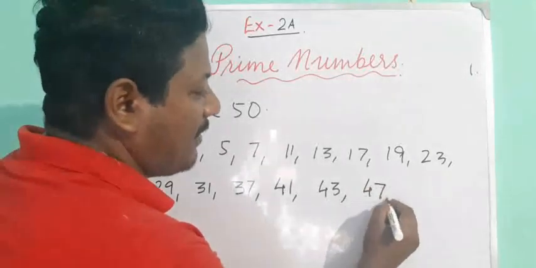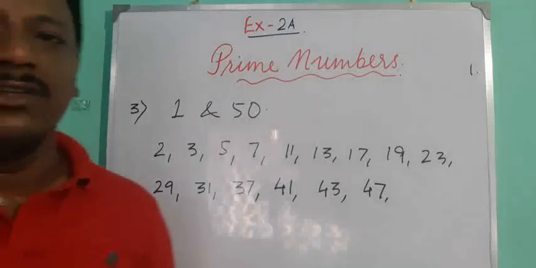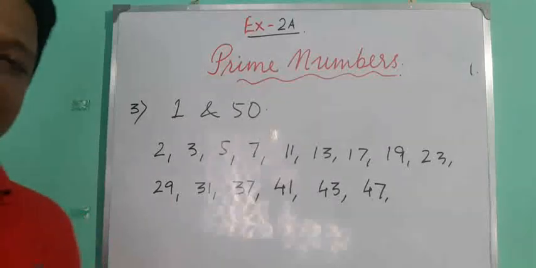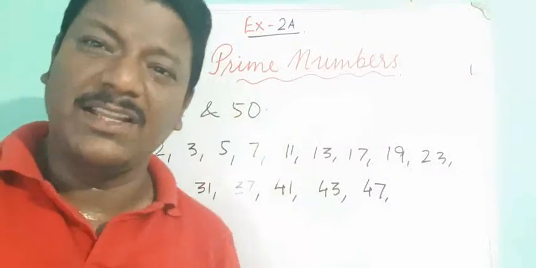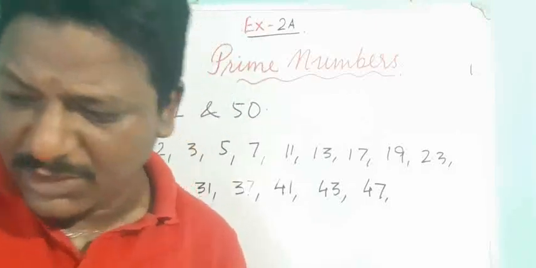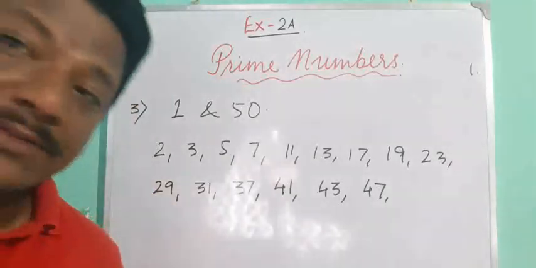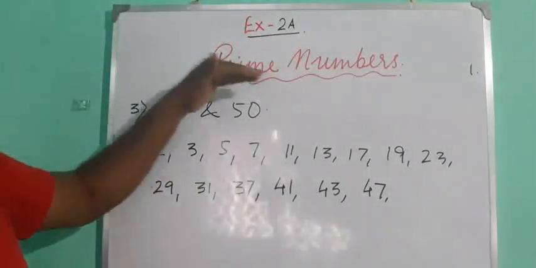47 we can have. Okay, so these are the prime numbers, which have no factors other than the number itself and 1. So this is called prime numbers.